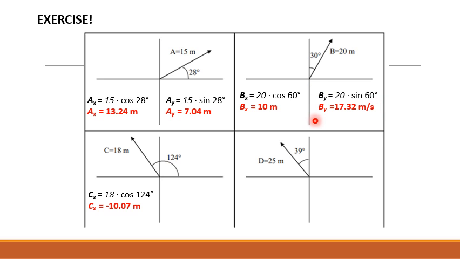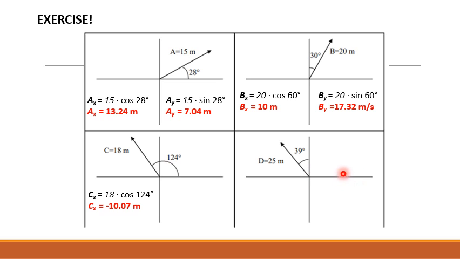Next. The angle is already measured from the x-axis. Therefore, we just have to multiply 18 with cosine 124, which is negative 10.07 meters. And lastly, the given angle is 39 degrees. Take note, we're going to measure from the positive x-axis.